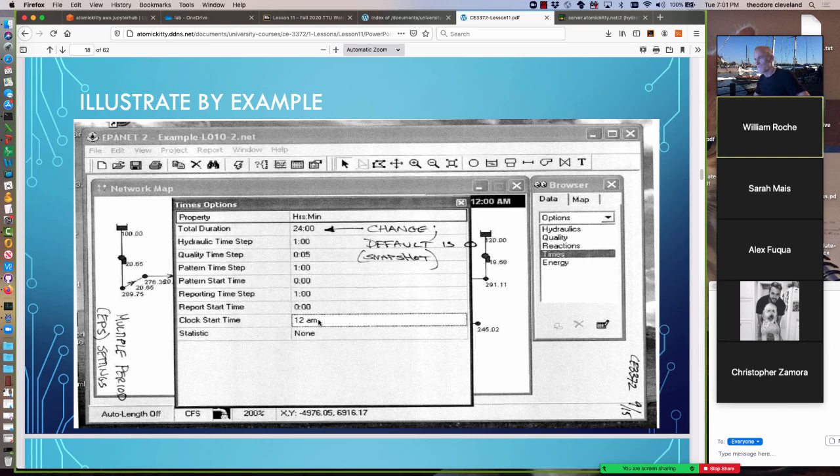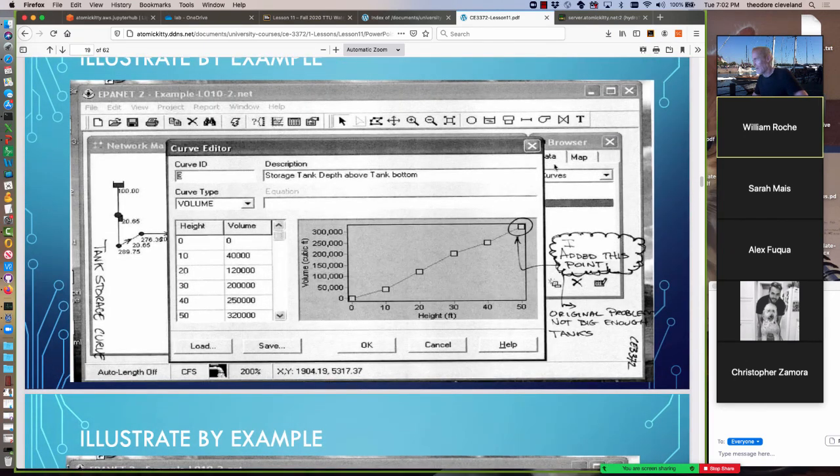And the clock start time is set at 12 a.m., but that's changeable. And some of the other parts are irrelevant for this simulation. You can just use the defaults.